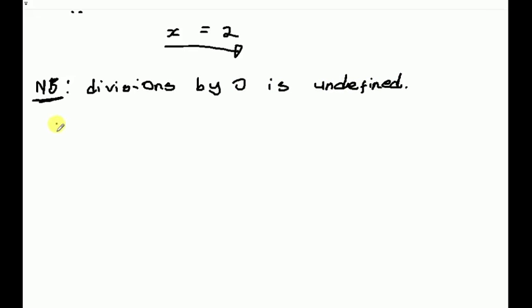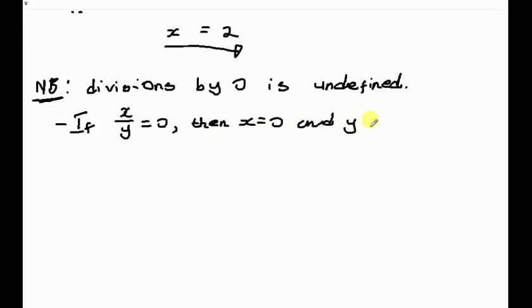So this means that if you are given x divided by y equal to 0, then this just means that x is equal to 0 and y is not equal to 0, because a division by 0 is undefined.